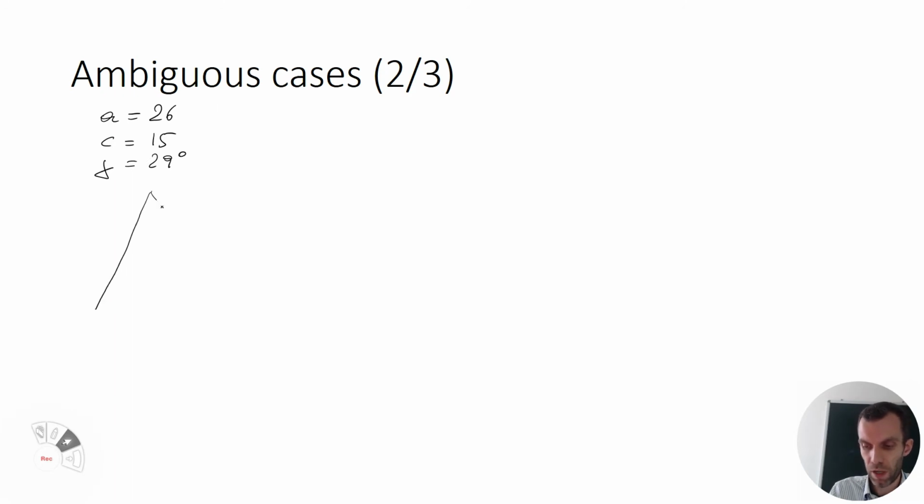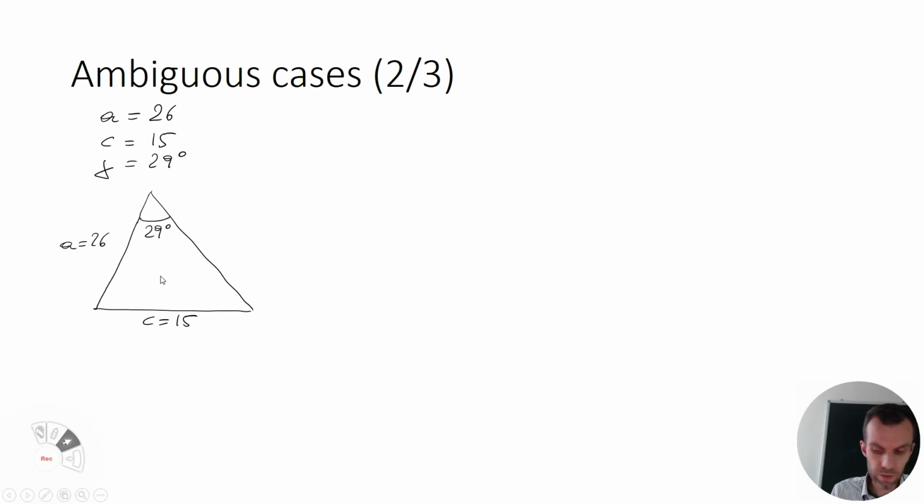So if we map that out, just to have something to look at, we get A is 26, C is 15, and gamma is 29. It doesn't matter where you put the angles and the sides, as long as gamma and C are opposite angle and side.